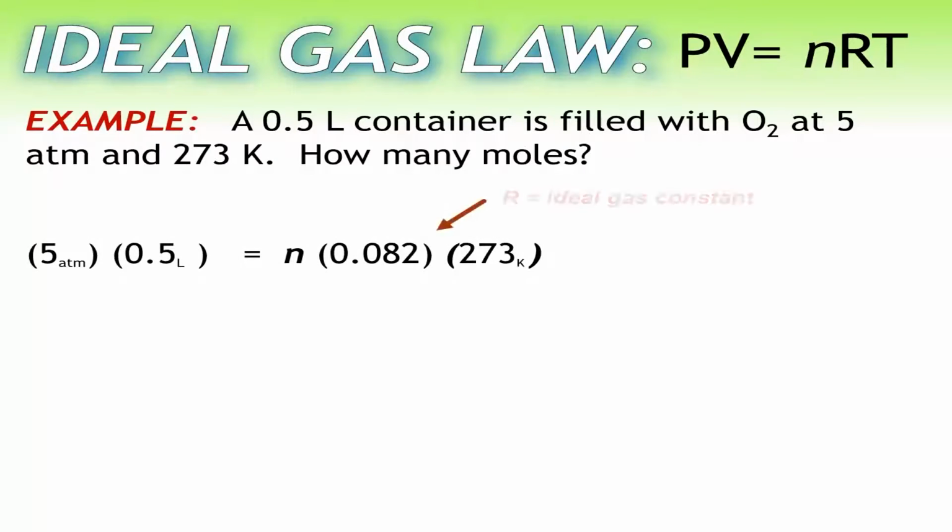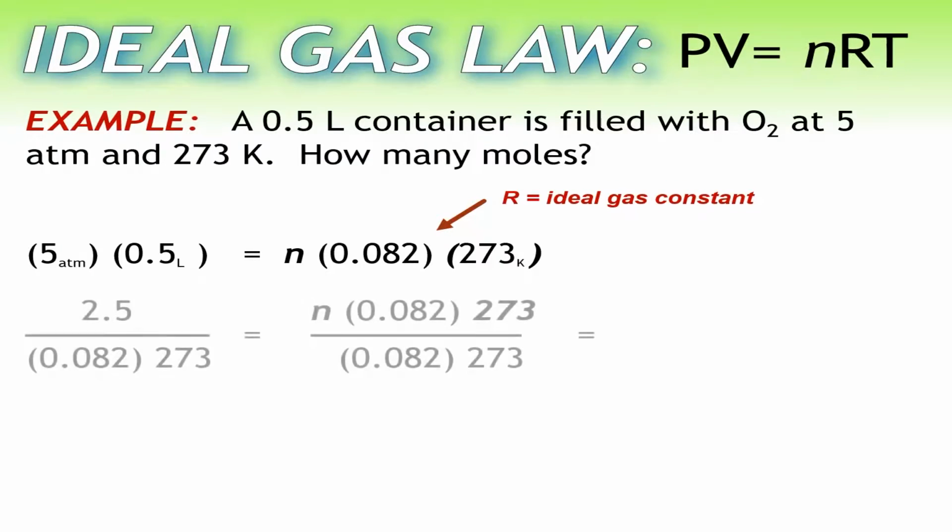So we set it up like so. We have 5 atmospheres of pressure times 0.5 liters of the volume. It's going to equal an unknown number of moles times the ideal gas law constant times the temperature in Kelvin, which is 273. Now we want to get rid of everything next to n. Those things are obnoxious, and so we're actually going to divide both sides by 0.082 times 273.